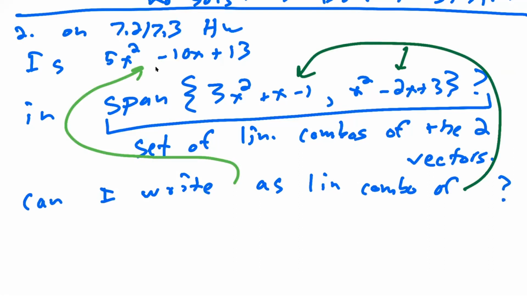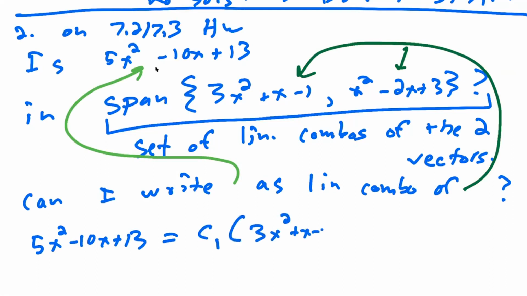Two different greens, that's okay. So let's attempt to do so. Let's say 5x squared minus 10x plus 13. A linear combination is just some sort of way of combining those two vectors with different weights. So I'll say something like c1 times my first vector plus c2 times my second vector.